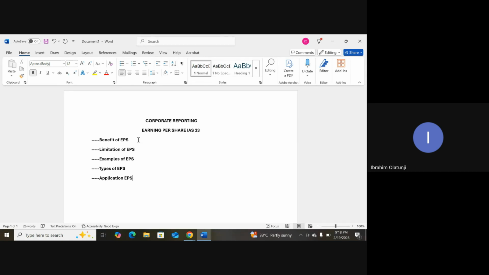If anybody says this financial statement has been window dressed, it means that you've manipulated or doctored the figures. That's what leads to what is called creative accounting.